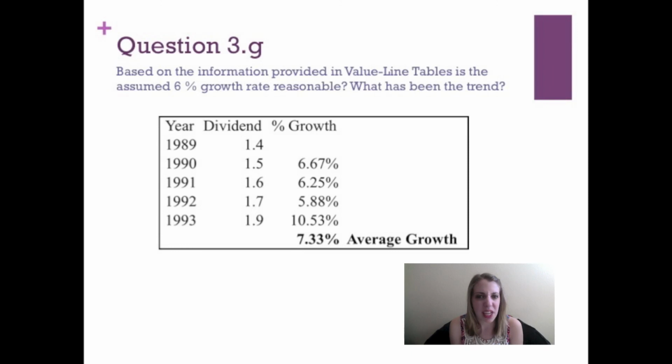So that is kind of like an outlier value. So if we take that out of account, 6% could be reasonable, looking at the growth rates of 5.88% to 6.67%, but when averaging all of the growth rates, it comes out to 7.33%. So it just depends on whether 1993 is an irregularity or not.